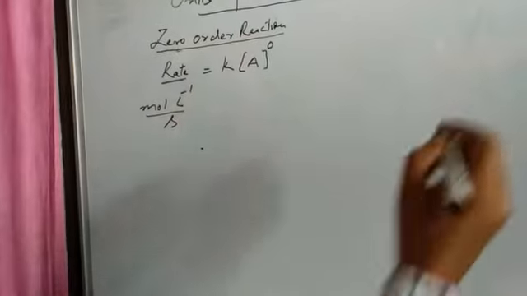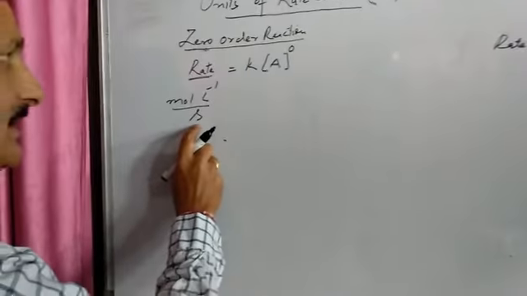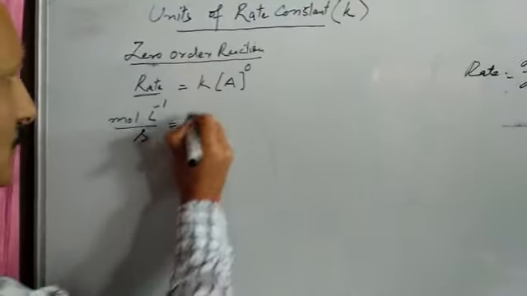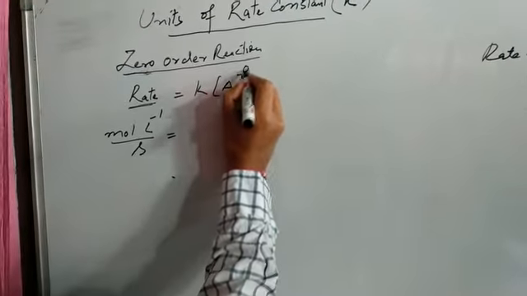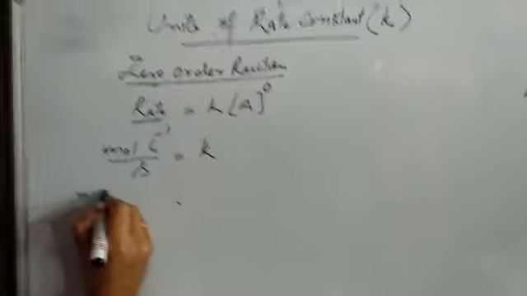Rate is equal to change in concentration of X upon change in time. So the unit of time is second and that of concentration is mole per liter. Now moving to this, K multiplied by this, anything raised to power 0 is equal to 1. So 1 into K, so it is K. What are the units of K now?